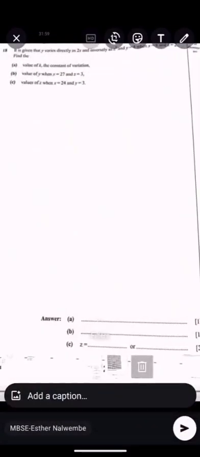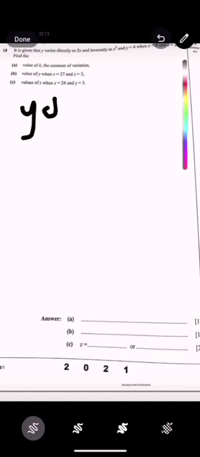Question 18. It is given that y varies directly as 2x and inversely as z squared. So this is variation.